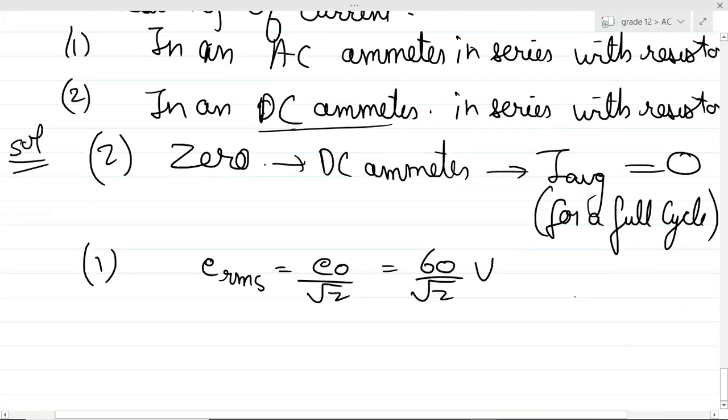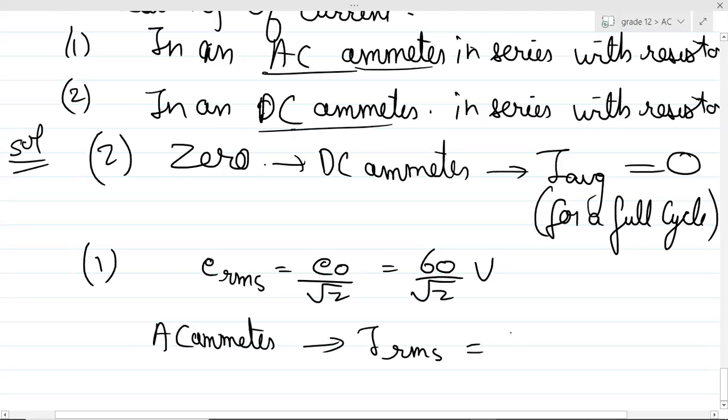Yes. And we know this particular thing, that an AC ammeter basically reads the IRMS, which will be E RMS divided by R. For Ohm's law, when you have converted it into DC, you can apply Ohm's law easily.